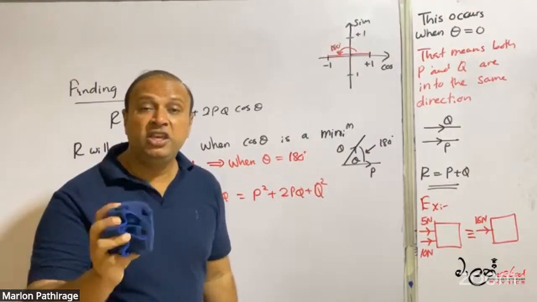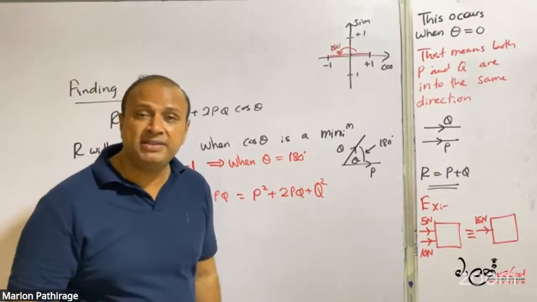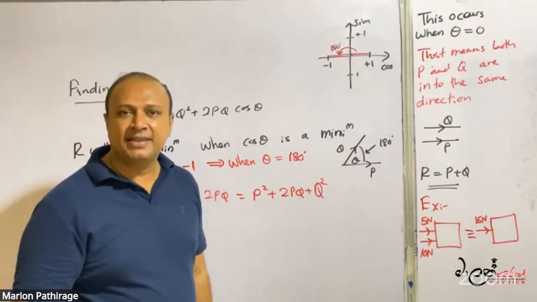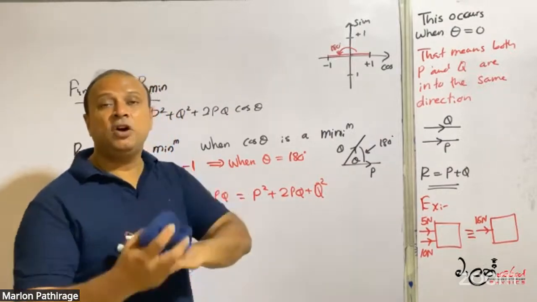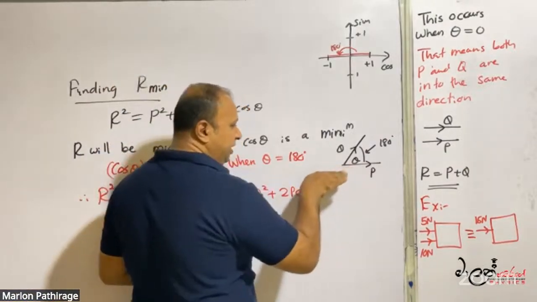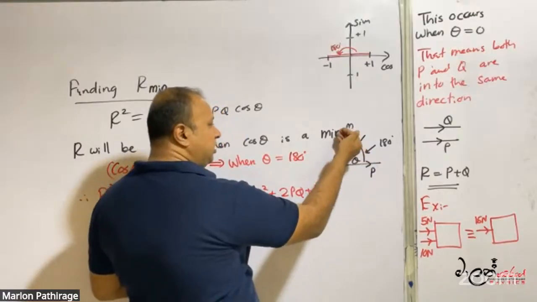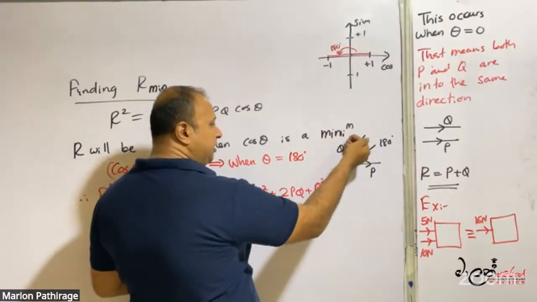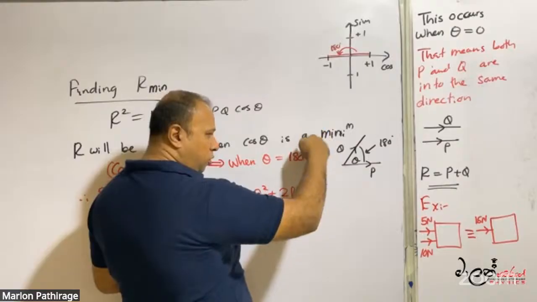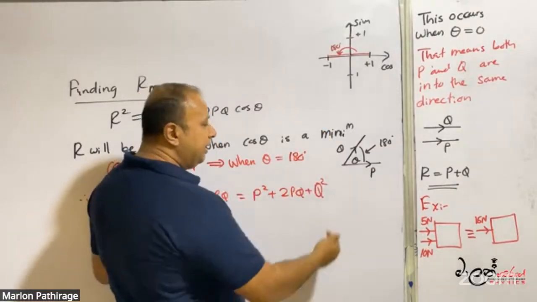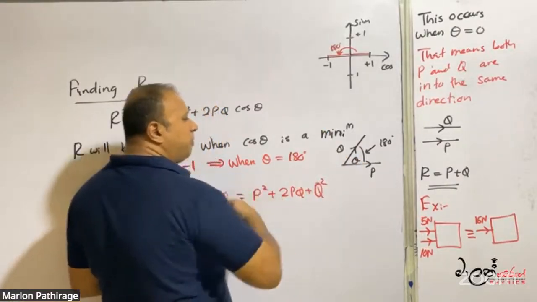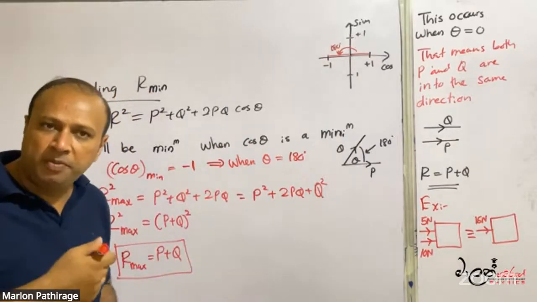Therefore, these two are two parallel forces in opposite directions. P is in this direction. If you turn Q through 180 degrees, it will be in the opposite direction.